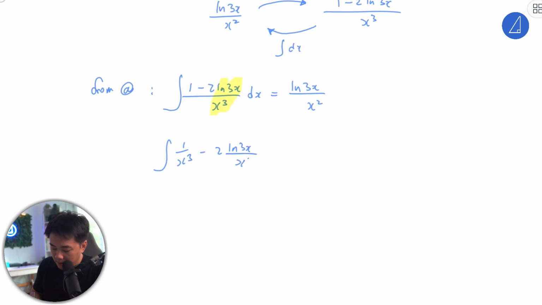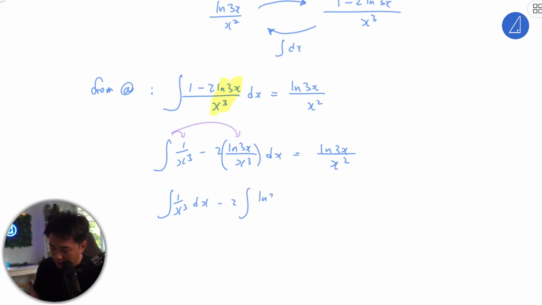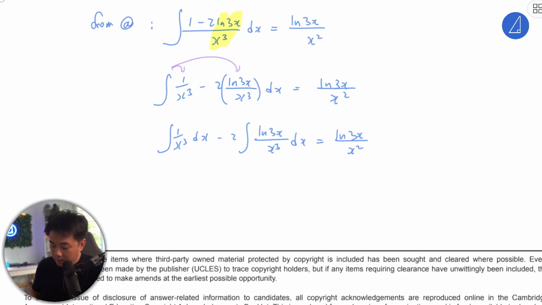This is the integral that you need. Then use the distributive nature of the integral: the integral of 1 over x cubed dx minus the integral of 2 ln 3x over x cubed dx equals ln 3x over x squared.